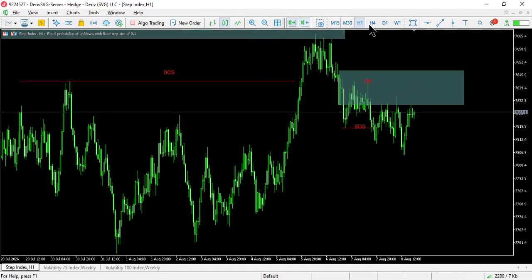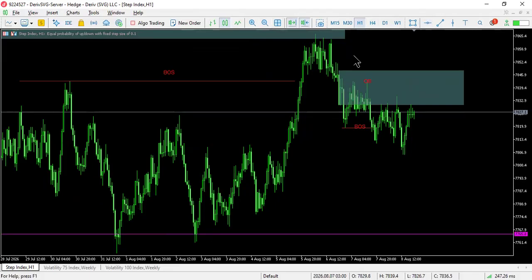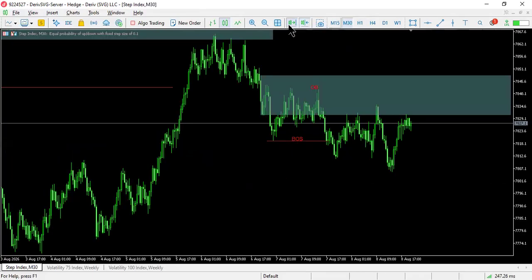Now we have our swing low here. Heading over to the M30.